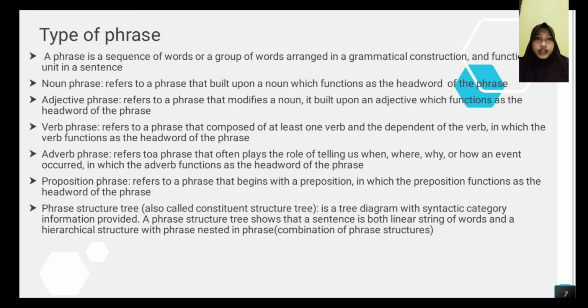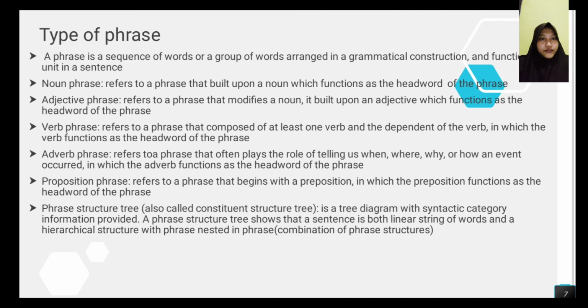Next, an adverb phrase refers to a phrase that often plays the role of telling us when, where, why, or how an event occurred, in which the adverb functions as the head word of the phrase. Next is preposition phrase. It refers to a phrase that begins with a preposition, in which the preposition functions as the head word of the phrase.